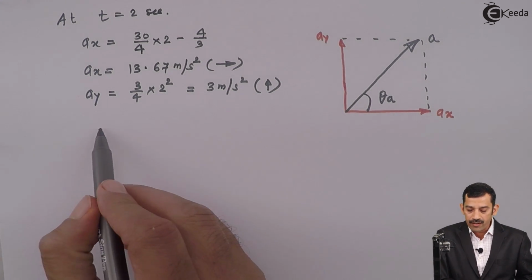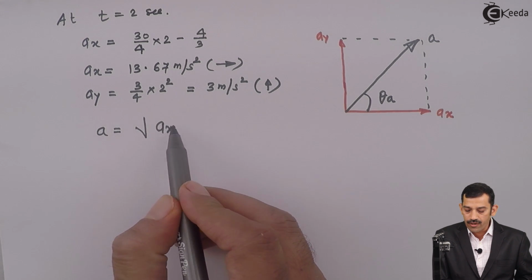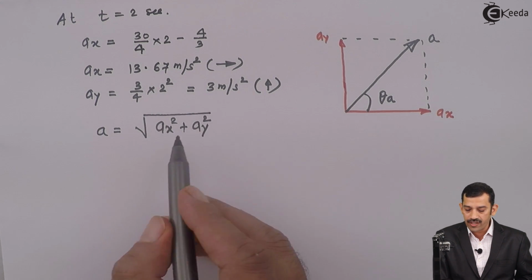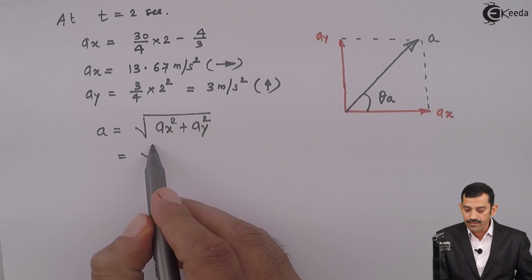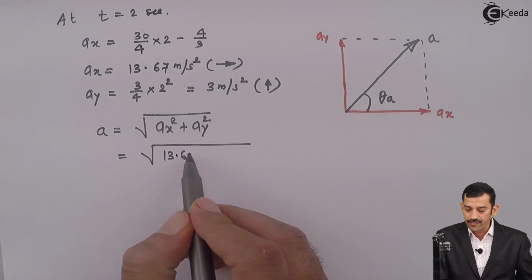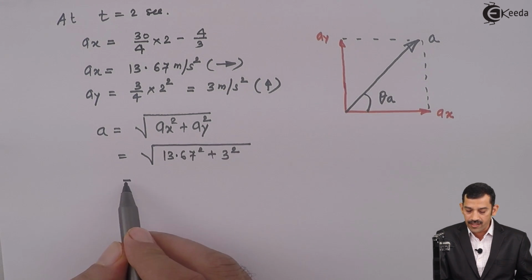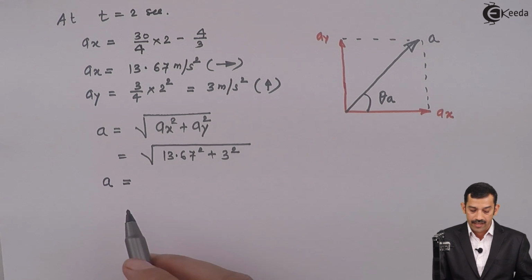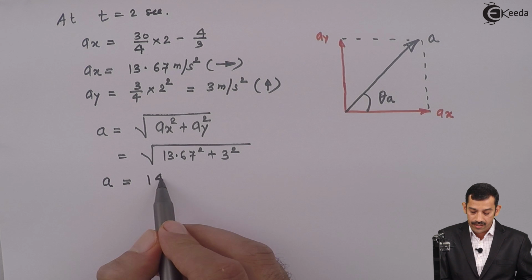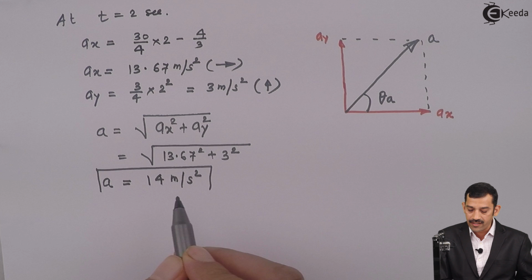To find the magnitude of resultant acceleration, A equals the square root of Ax square plus Ay square, which is the square root of 13.67 square plus 3 square. That means the magnitude of resultant acceleration comes out to be 14 meters per second square.